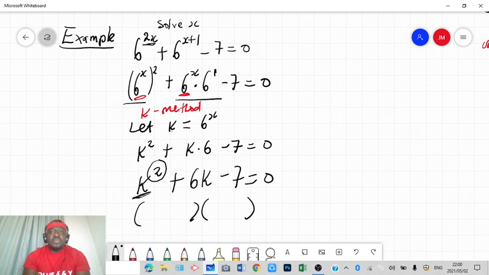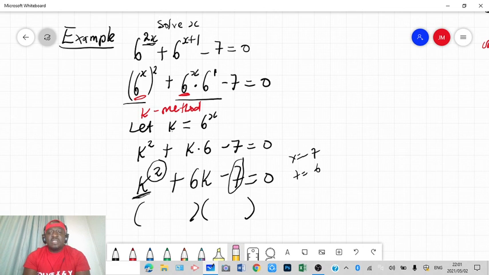As I showed you in the previous section, look for the factors of 7 that if you multiply, will give you negative 7, and if you add, will give you positive 6.